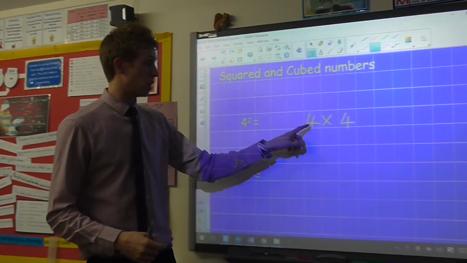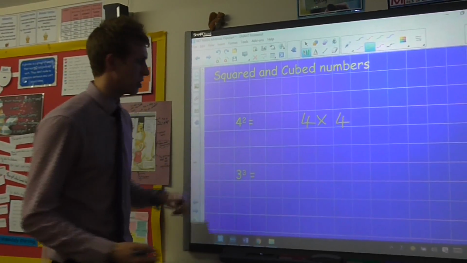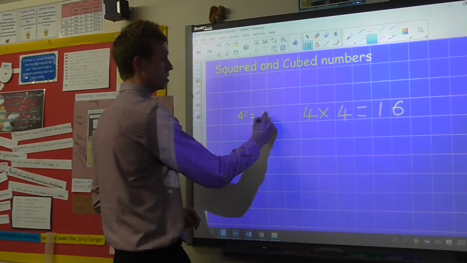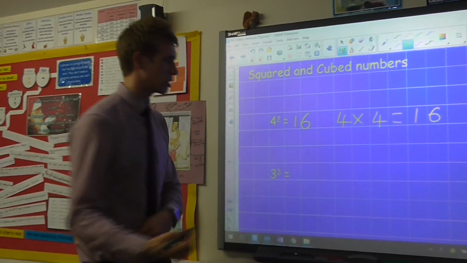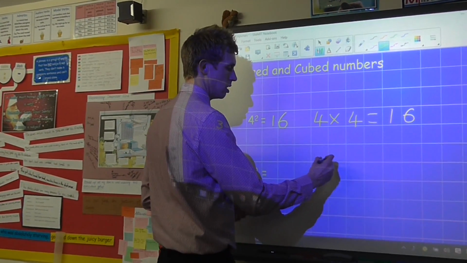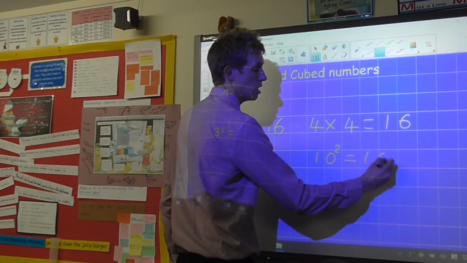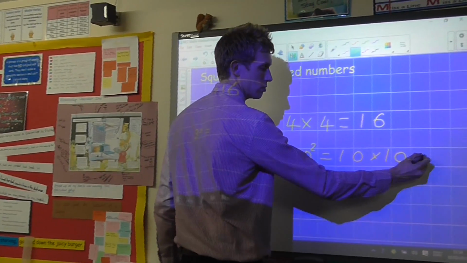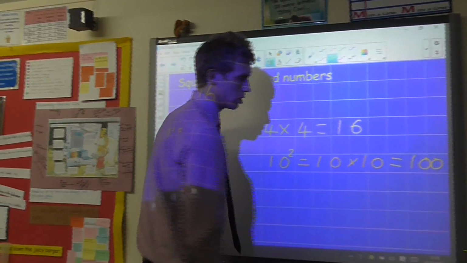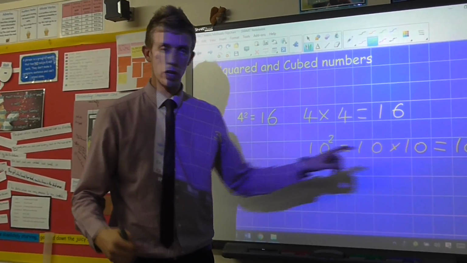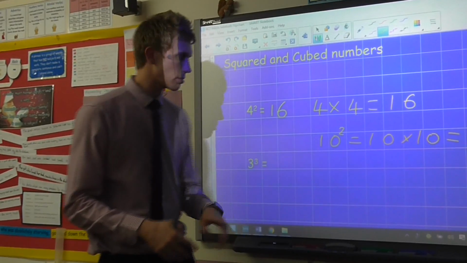So we're just timesing the bigger number by itself, effectively. So 4 times 4 equals 16, so the answer to 4 squared is just 16. Right, it's exactly the same if I had 10 squared, that would be 10 times by 10, right, really easy, 100, simple, okay. So the little 2 just means that I timed that number by itself.